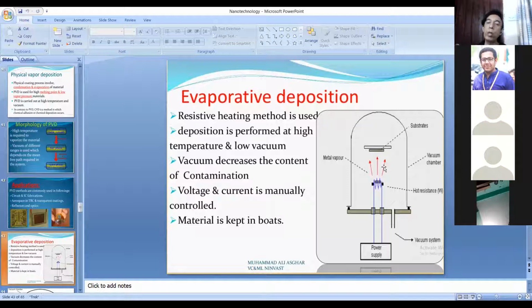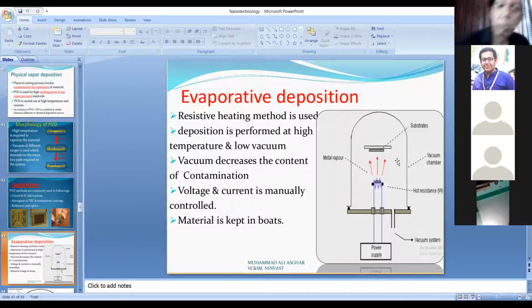But we want an aluminum thin film, and we will get an aluminum oxide or aluminum nitride contaminated thin film. So this thin film will be contaminated. So you require the vacuum here.